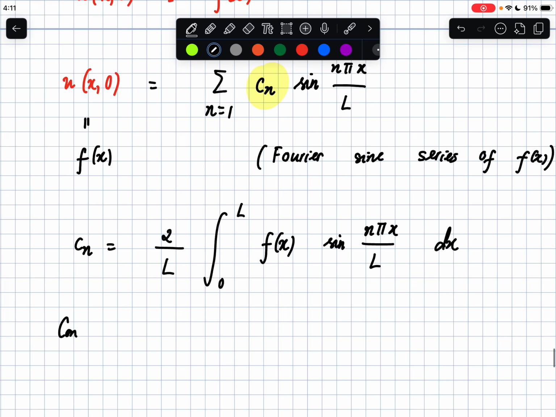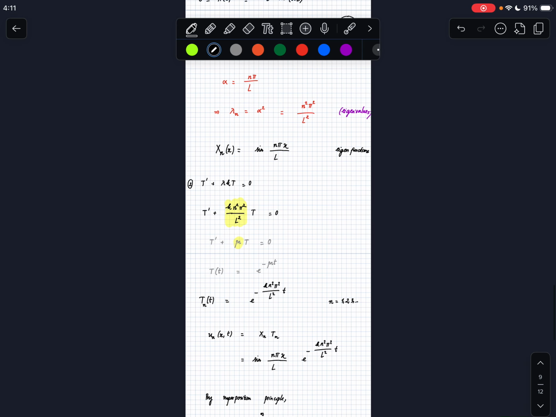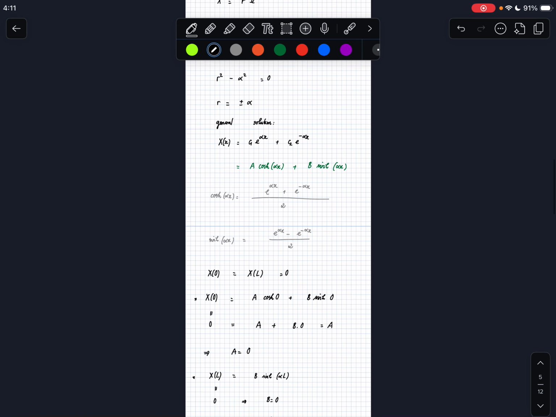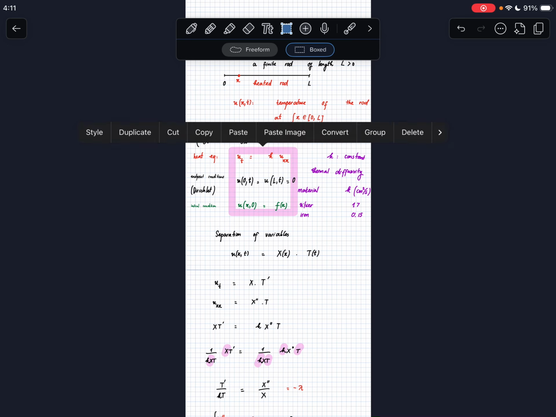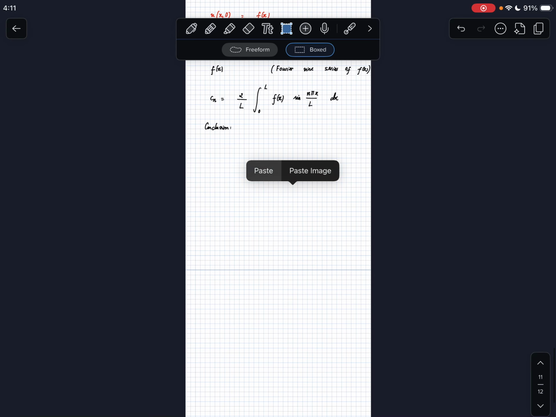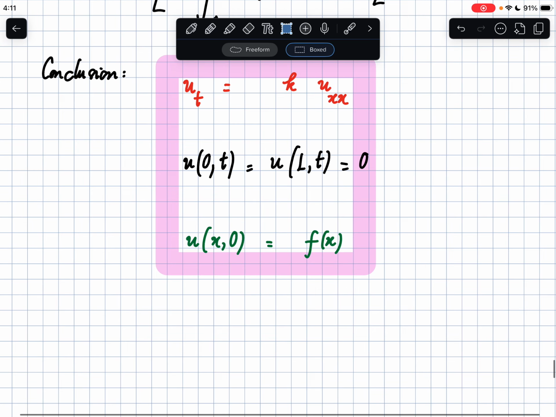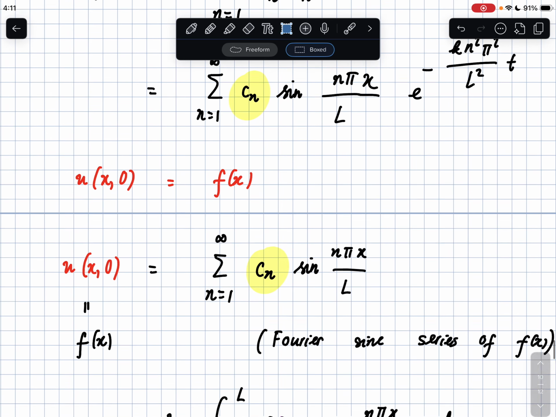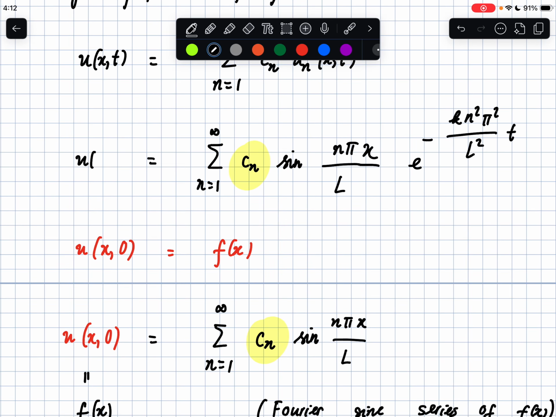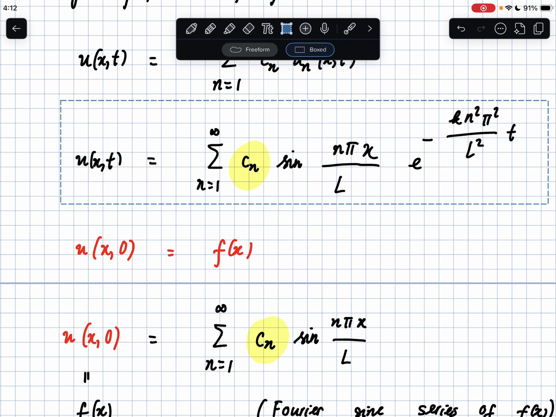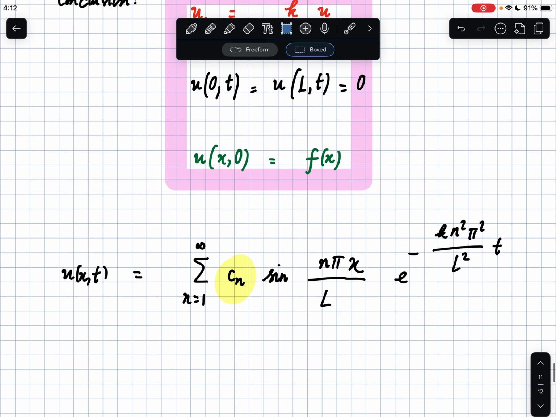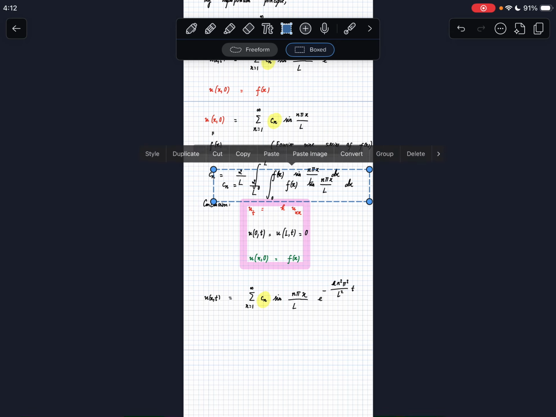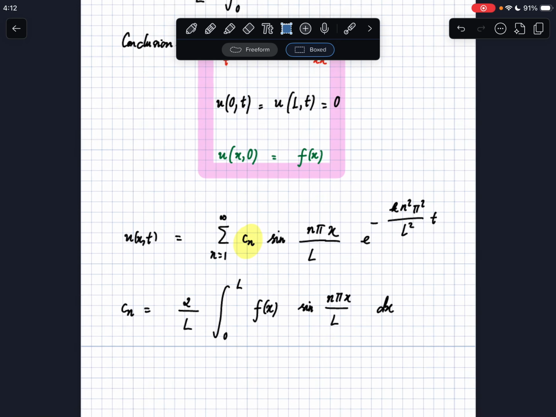Now, conclusion. The heat equation with the Dirichlet condition that we have at the beginning has a solution u of x, t equal to this summation, where Cn is given by the Fourier sine series coefficient, where Cn equals this.